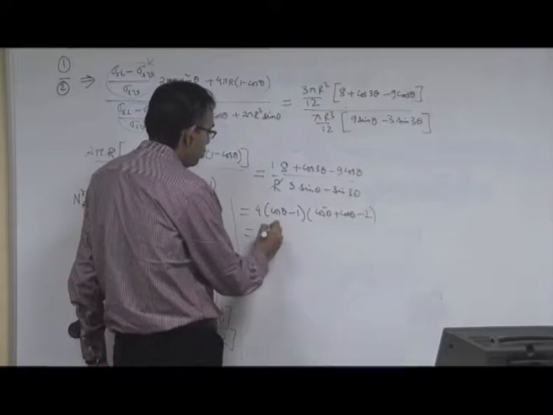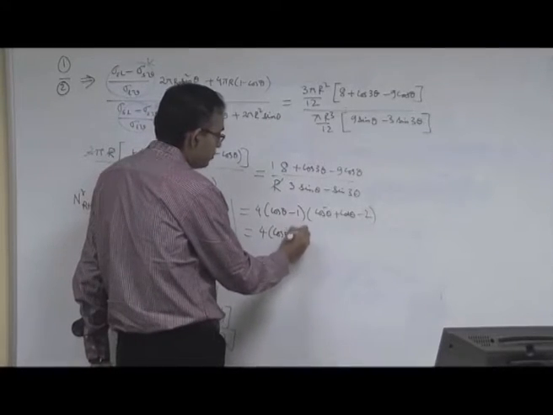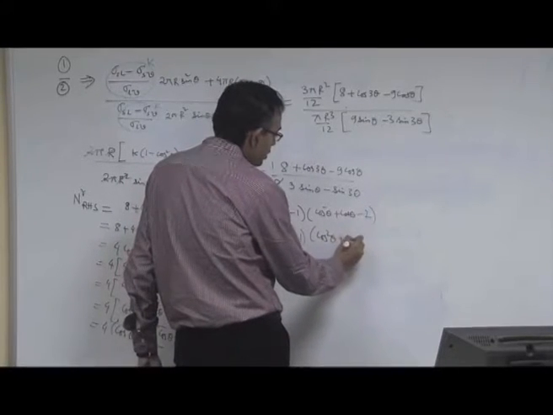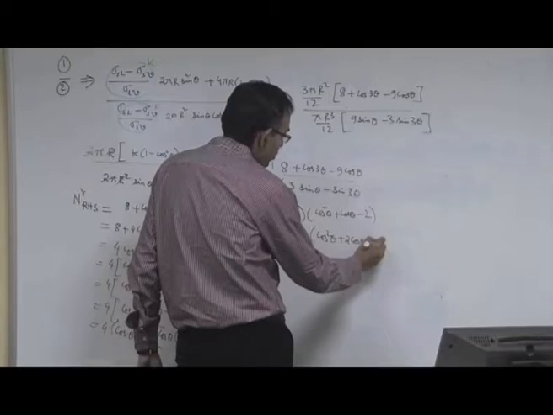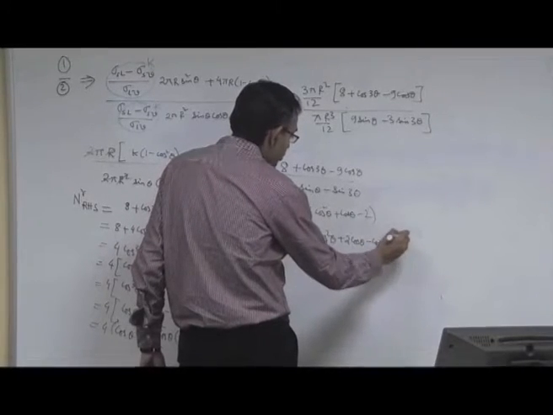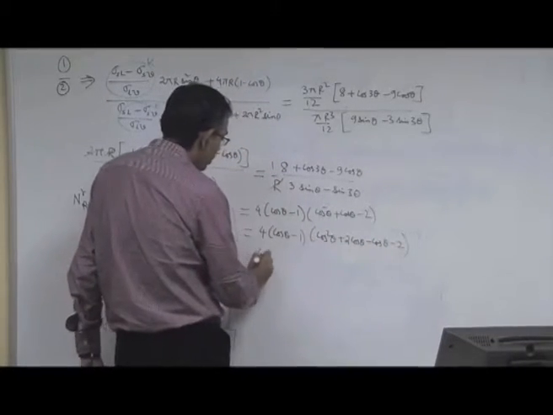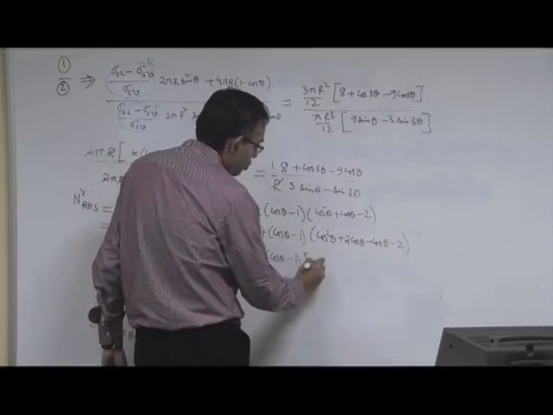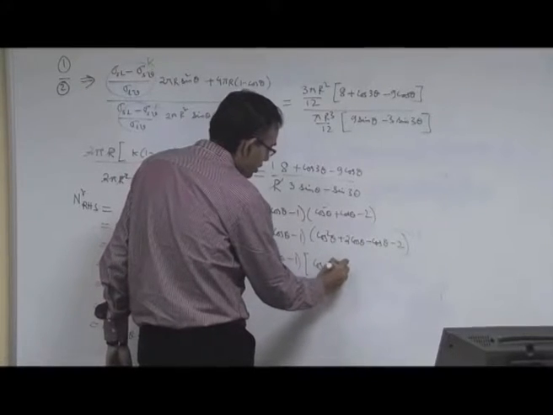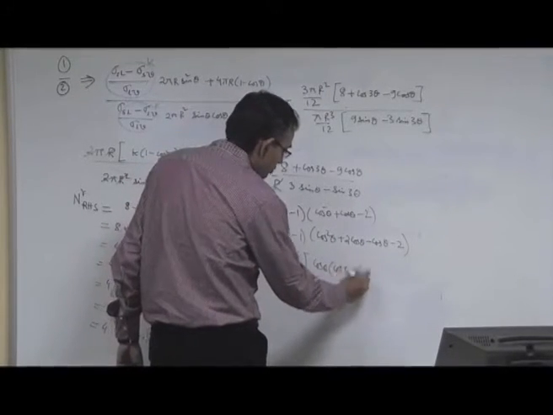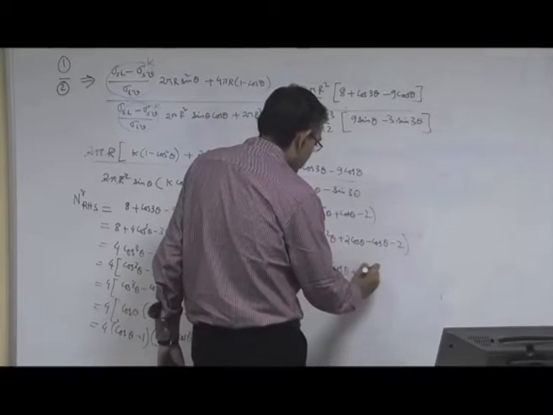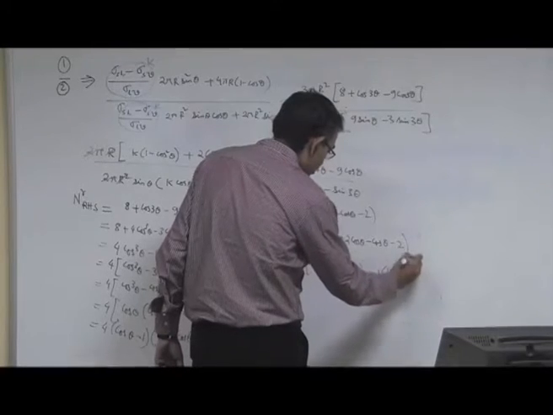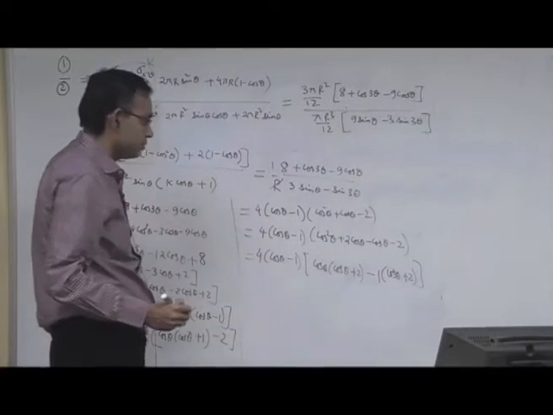So, 4 into (cos theta minus 1) into (cos square theta plus 2 cos theta minus cos theta minus 2). So, 4 into (cos theta minus 1) into (cos theta plus 2) minus 1 into (cos theta plus 2), right.